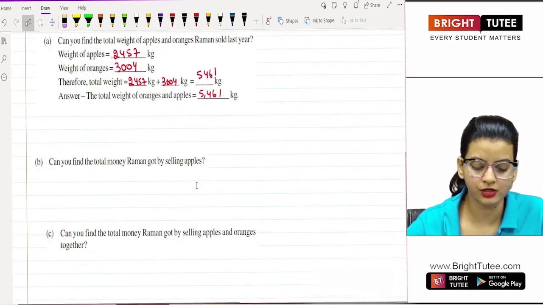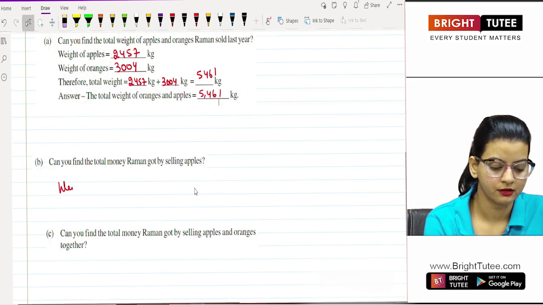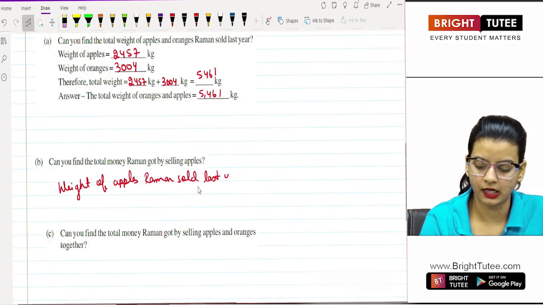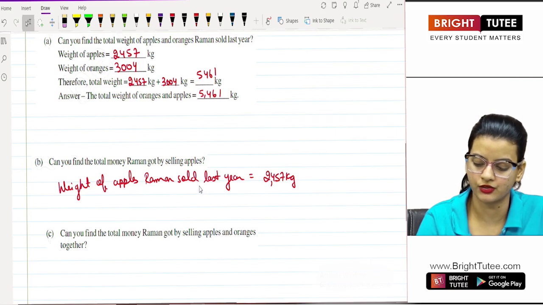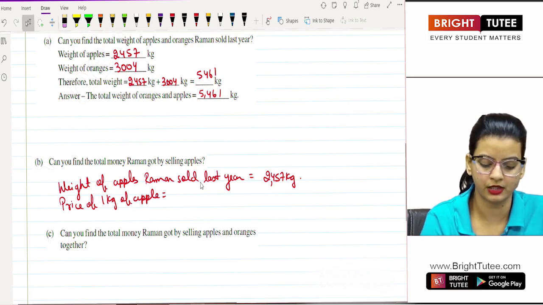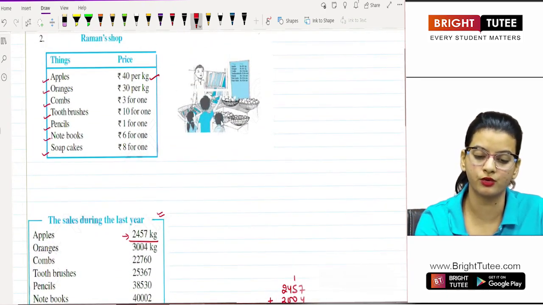Now can you find the total money Raman got by selling apples? Weight of apples Raman sold last year is equal to 2457 kg. Price of 1 kg of apple, let's see from the table, is 40 rupees per kg.